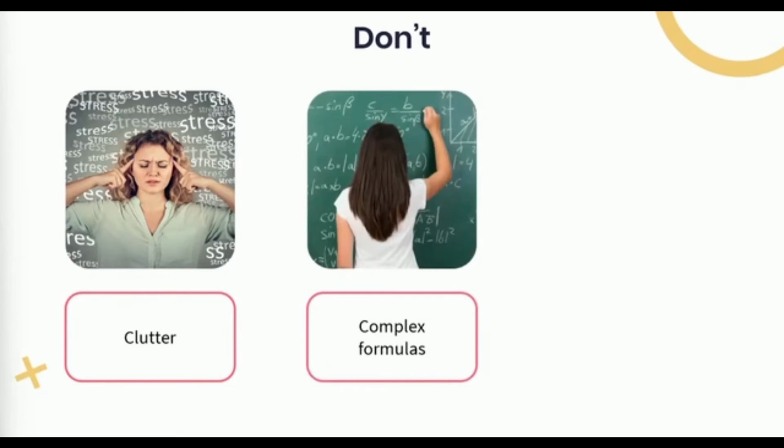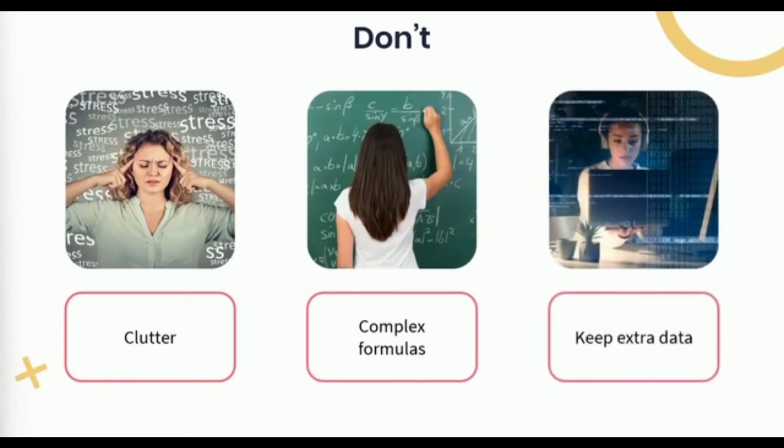Use easy formulas. When you use volatile formulas, it slows down the calculations and makes things very complicated. And lastly, don't keep all of that extra data. If you feel the need to have extra data, you can always copy the dashboard and place a copy somewhere else. And then, if you feel it's needed at a later stage, you could add it when it is necessary.